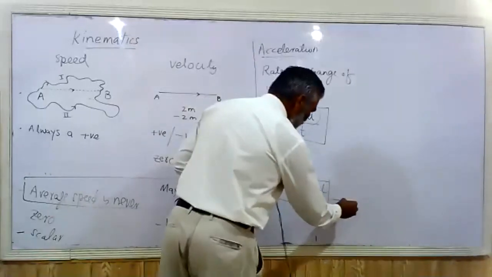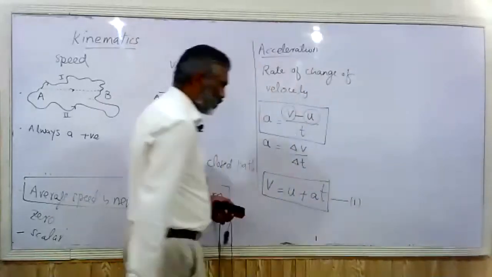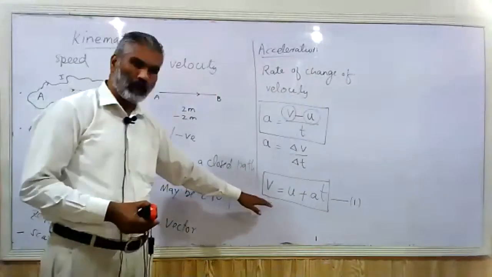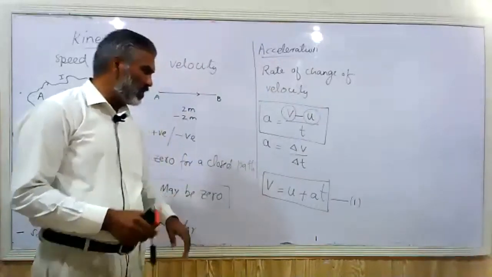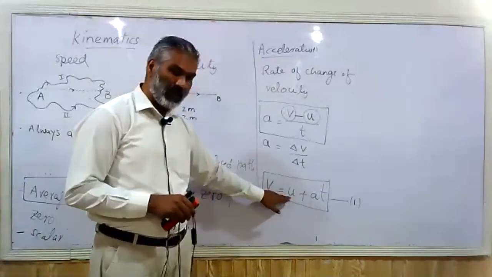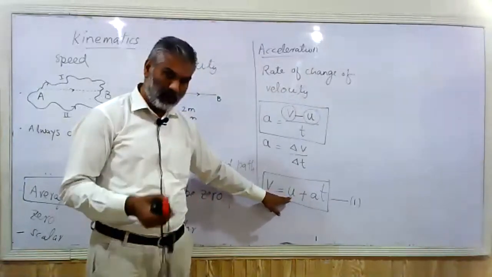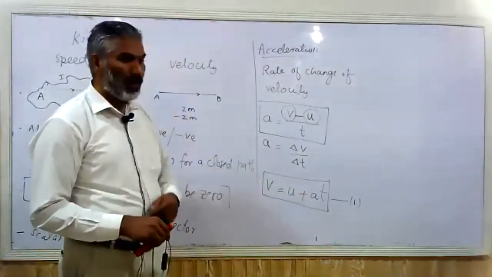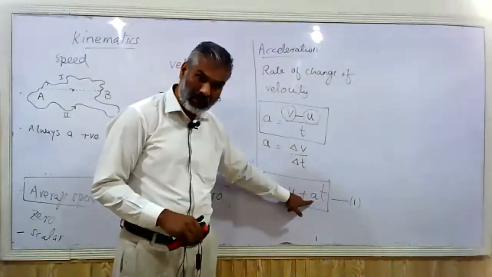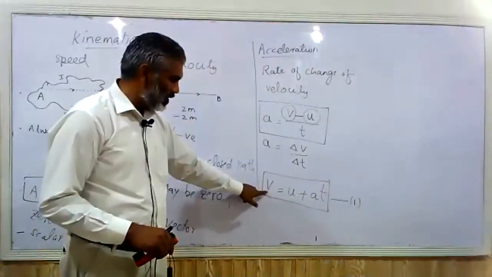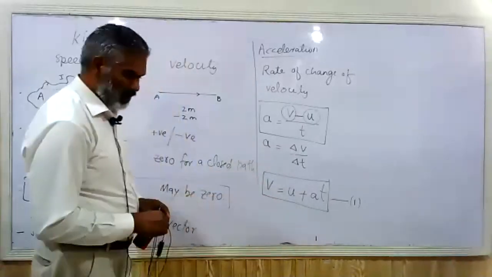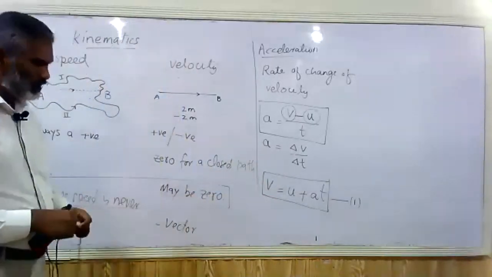This is equation 1. We'll refer to it as the first equation of motion. This equation will be applicable in situations in which we know the initial velocity of the object and for how much time it has moved with a certain constant acceleration to acquire the final velocity V.